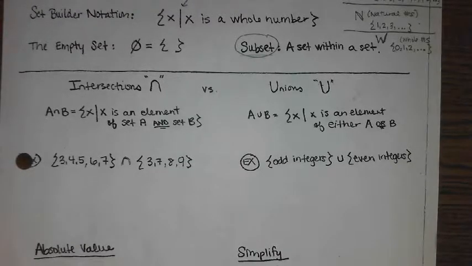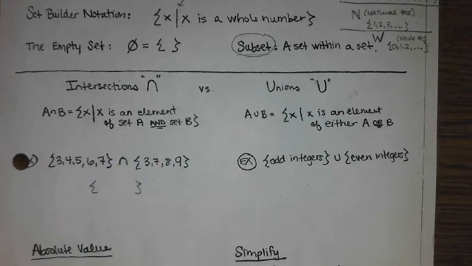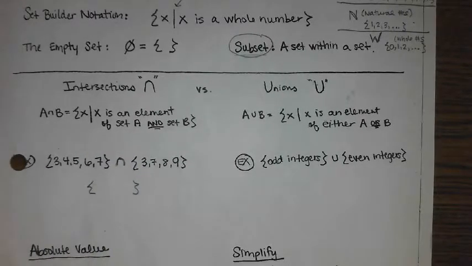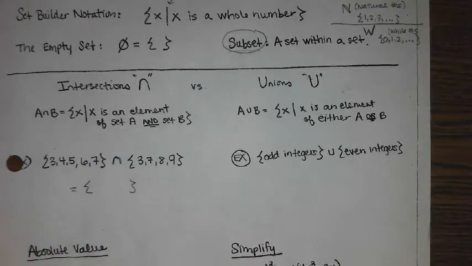Where's Leah? Okay, hi Leah. What's the intersection of these two sets? What numbers, if any, would you list as the intersection? What's that? You're not sure. So an intersection is where they overlap. What elements do they both have?